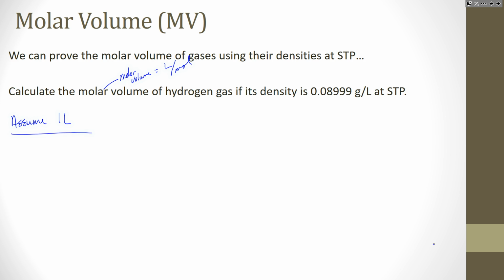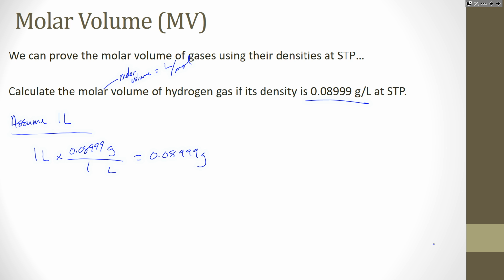So let's say we have a liter of this stuff. If we have 1 liter, and we know the density is 0.08999, we're going to get rid of liters and find grams. So 0.08999 grams for 1 liter. Now you probably see why I chose 1 liter, because it's easy math.